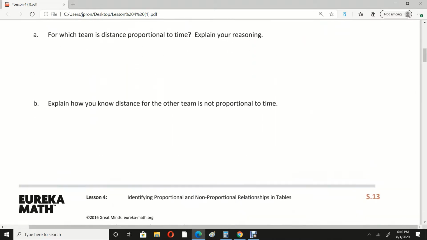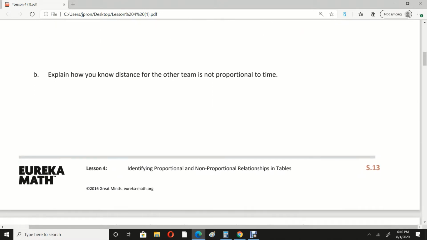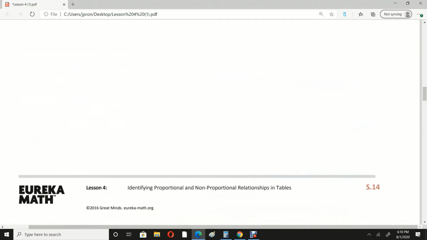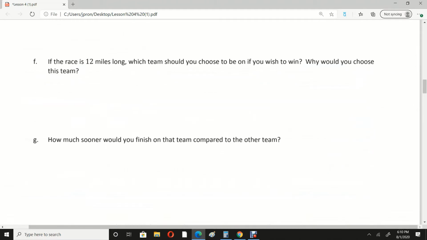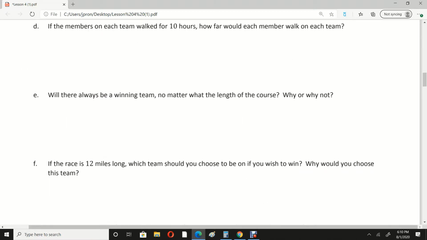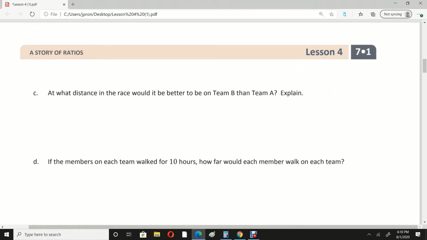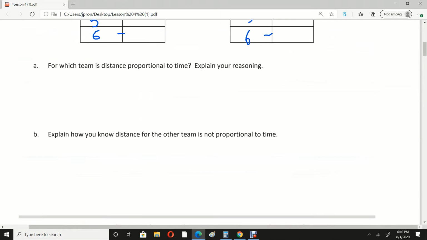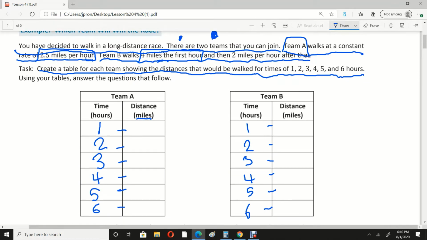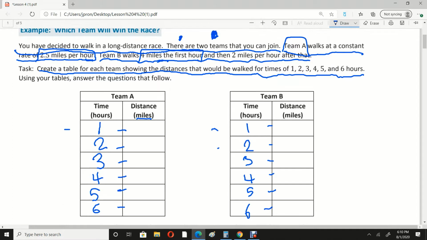So I want you to go ahead and answer questions A through G that are associated with example 1. Again, put a timer on, give yourself 15 minutes, and you can work through A through G for example 1 after you have filled out the table. So use the information that you have up here. How far will they have gone right here?